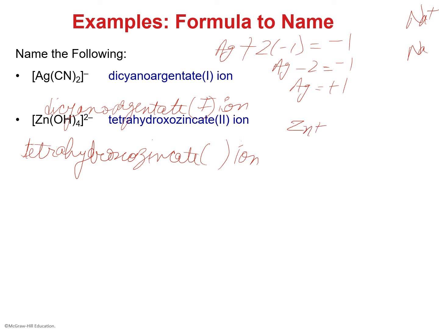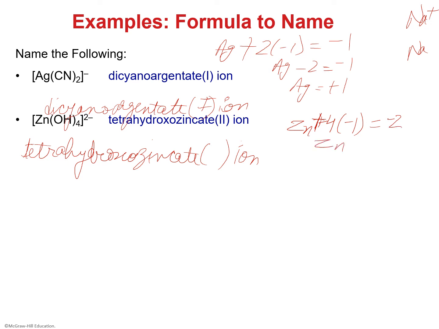Let's assume that is zinc. Four hydroxide, so each hydroxide is -1. So zinc plus four hydroxide, each is -1, total -2.